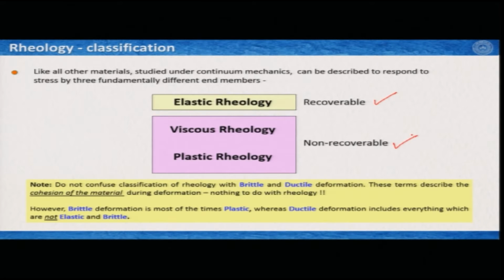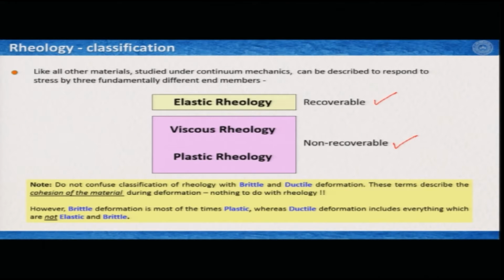Now, I would like to remind you of one very important thing that we commonly mistake in describing structural geological deformation features. With these three rheological terms, elastic, viscous and plastic, we sometimes use, more or less similarly, the two terms brittle and ductile, and sometimes brittle-ductile.